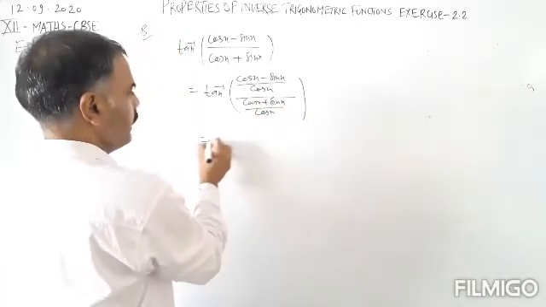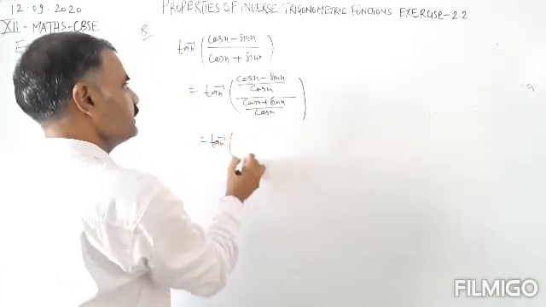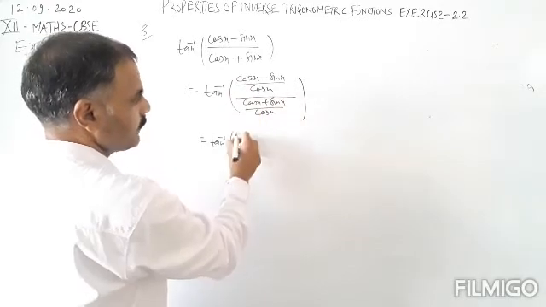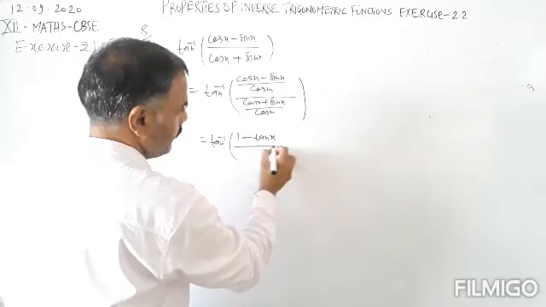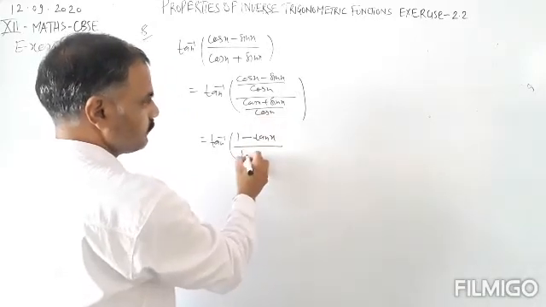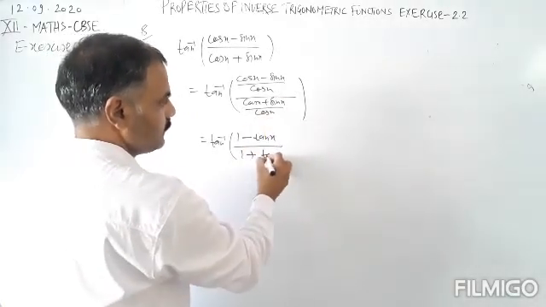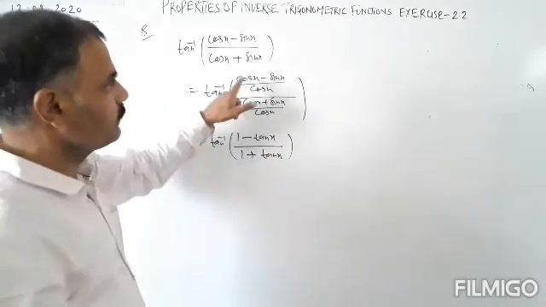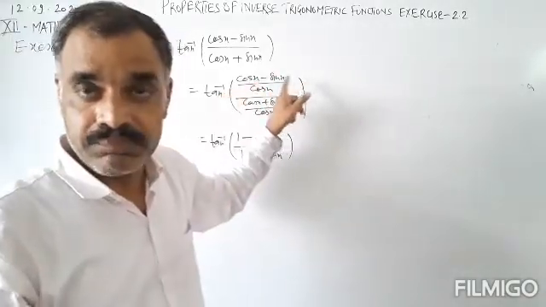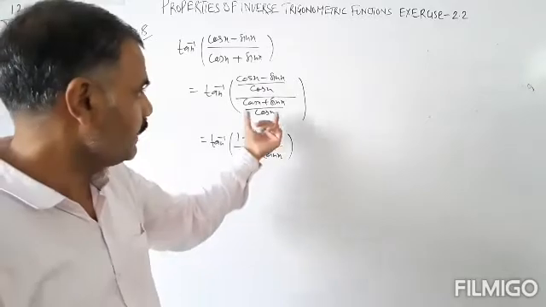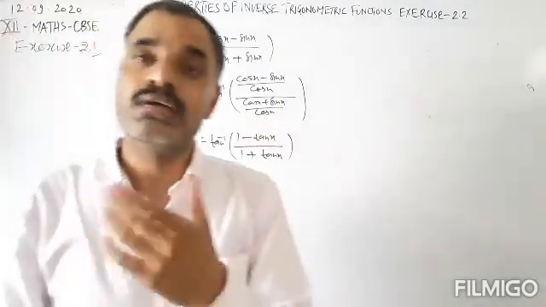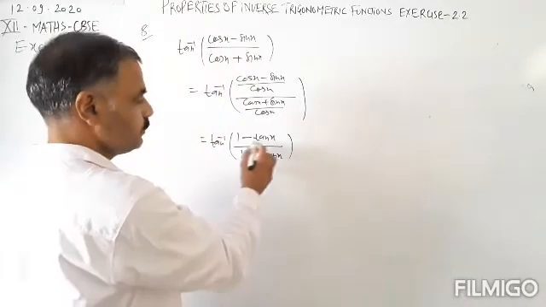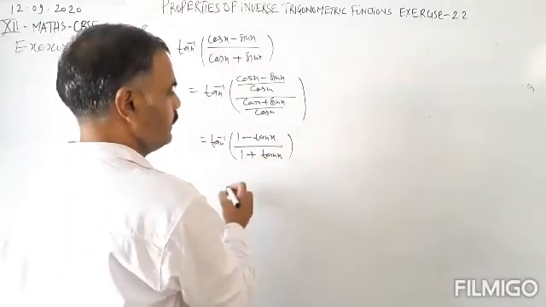Then this changes into cos x upon cos x, 1, minus sin x upon cos x, tan x, divided by cos x upon cos x, 1, plus sin x upon cos x, tan x. Both cos x and sin x in the numerator will be divided by cos x. Similarly, both cos x and sin x in the denominator will also be divided by cos x. So this is equals to 1 minus tan x upon 1 plus tan x.